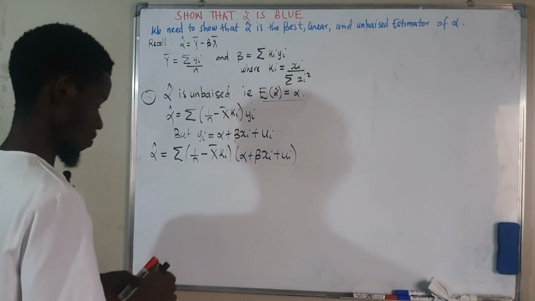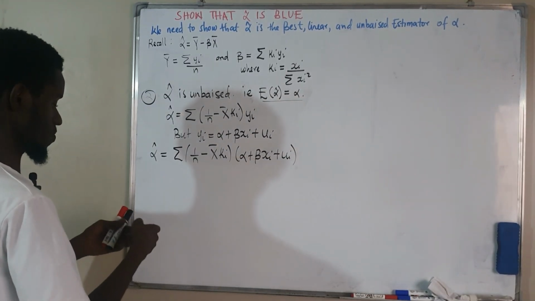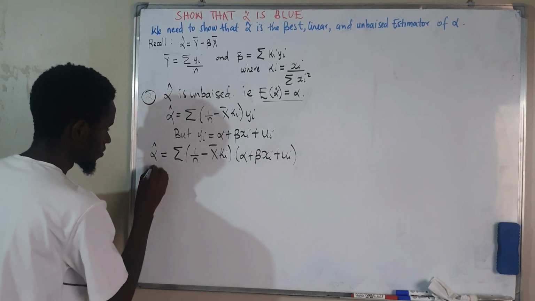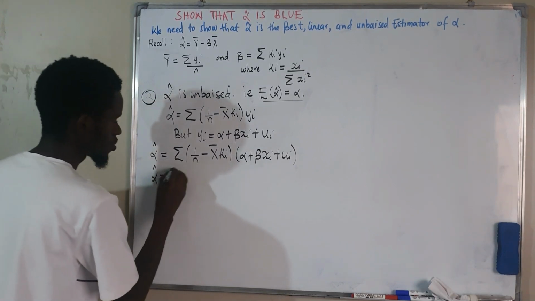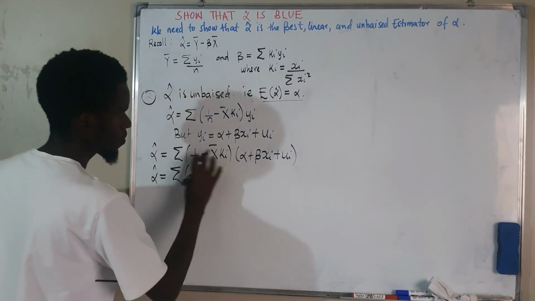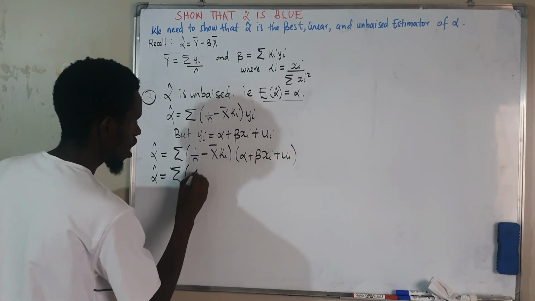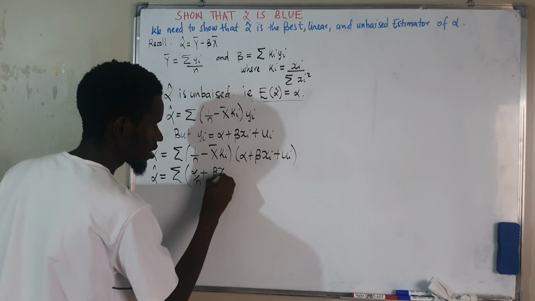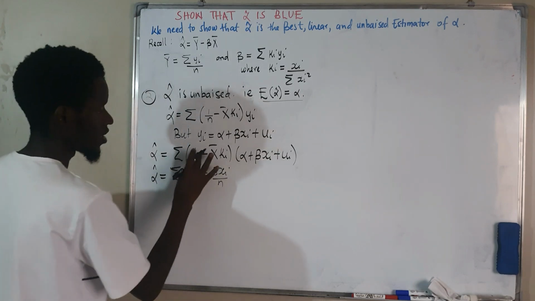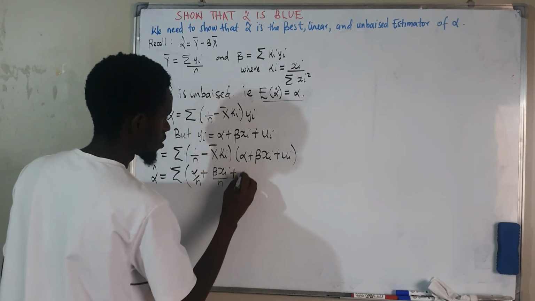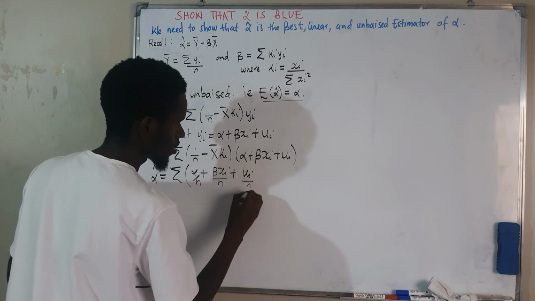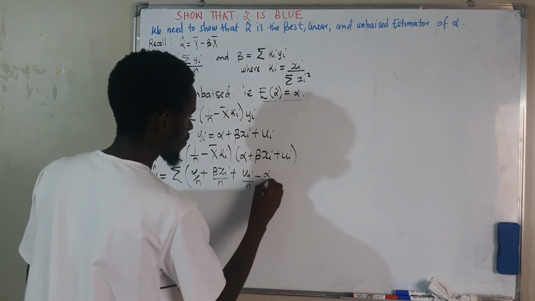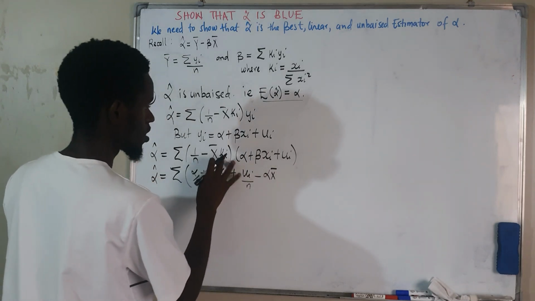Opening brackets, alpha hat is the summation; I multiply 1 over n times everything, so I have alpha over n plus beta xi over n plus ui over n. Then I multiply everything by the other term, so I have minus alpha x bar ki.